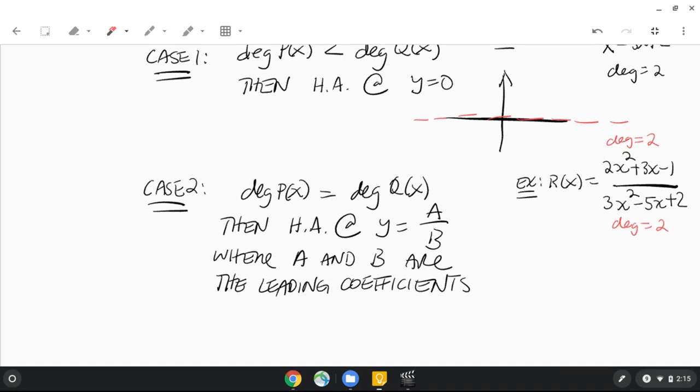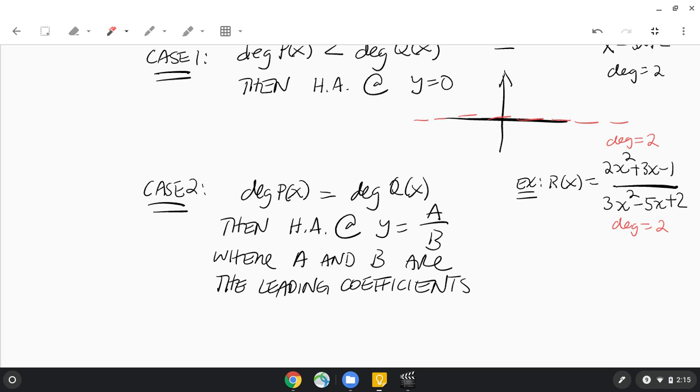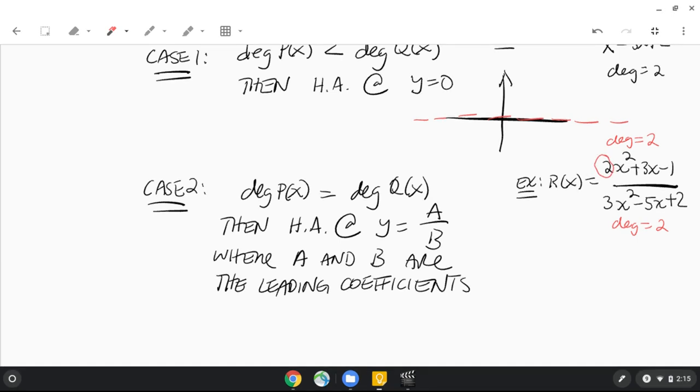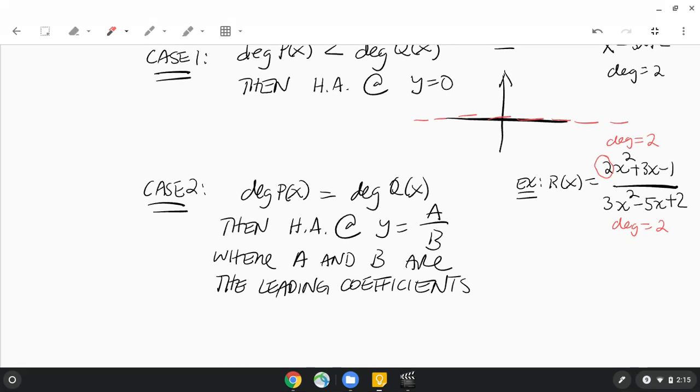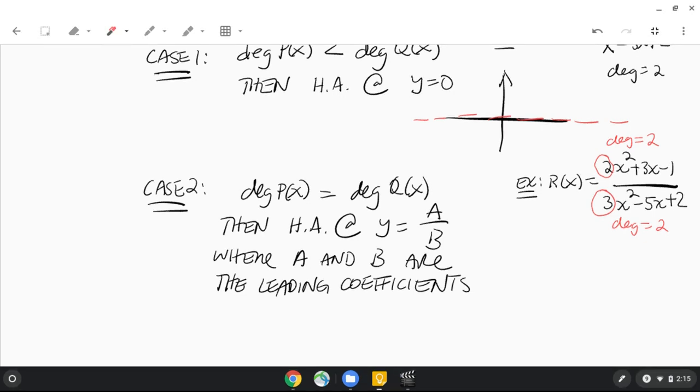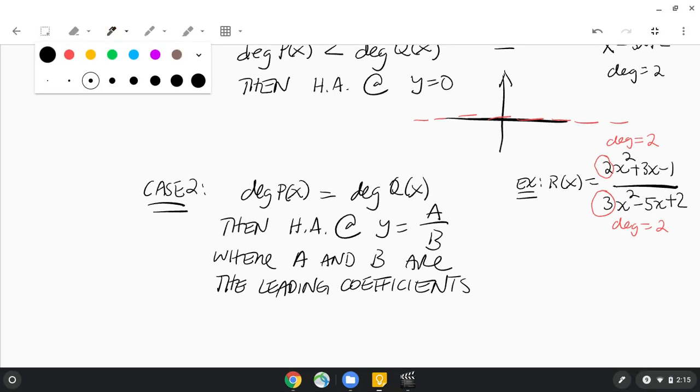And so therefore, my A is this 2, and my B is this 3. So my horizontal asymptote is going to be at 2/3.